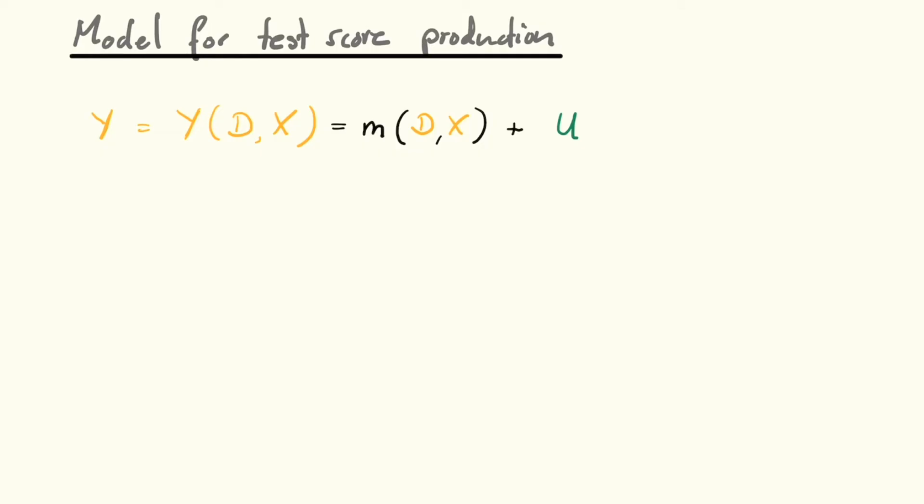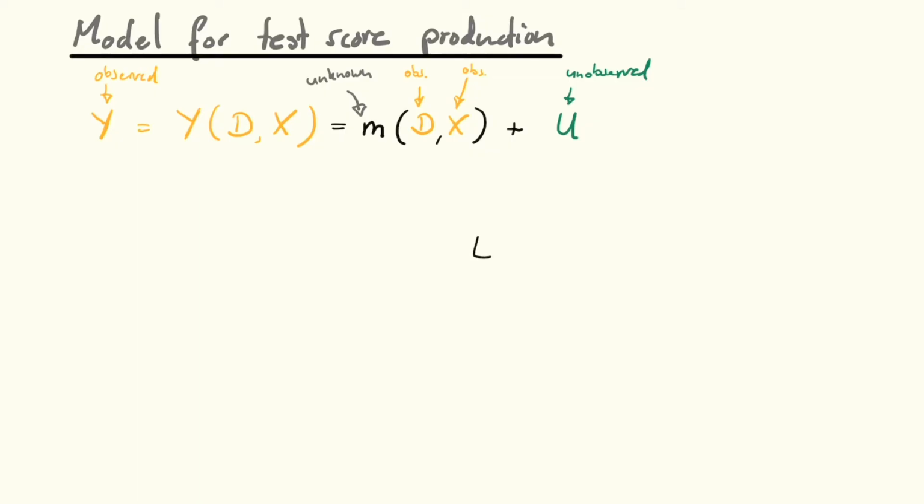What do we assume about observability? We assume that y, d, and x can be observed. The error term is unobserved. The function m is unknown. We assume that u is balanced in the following sense.